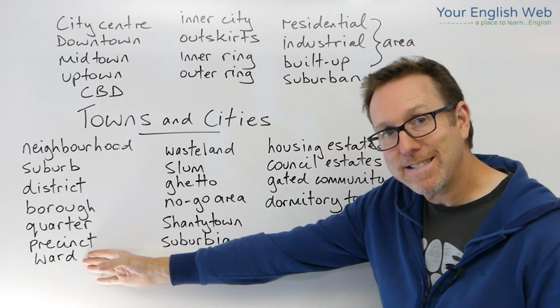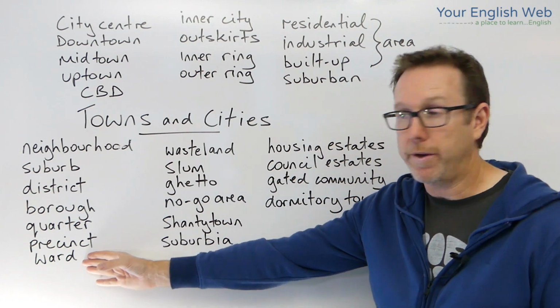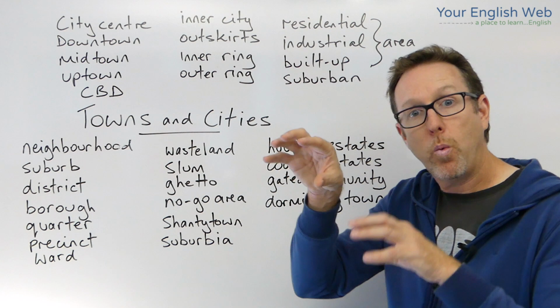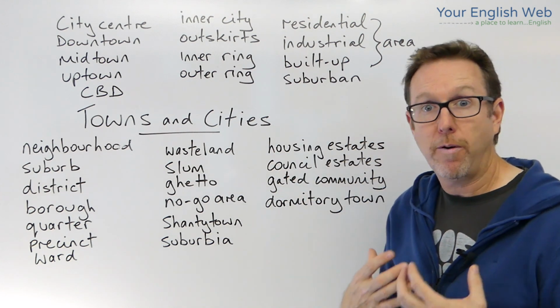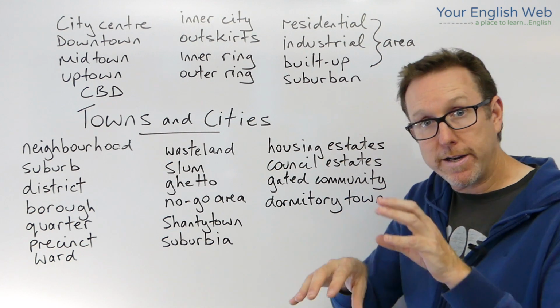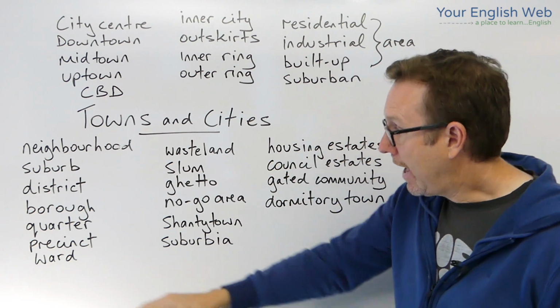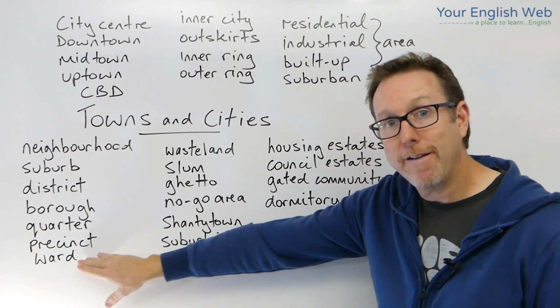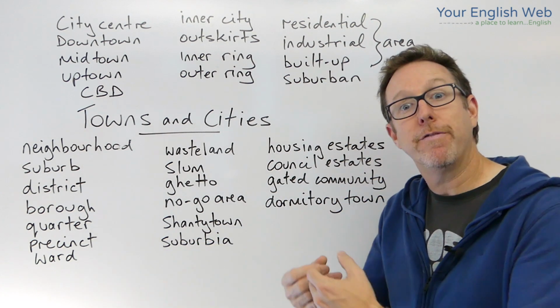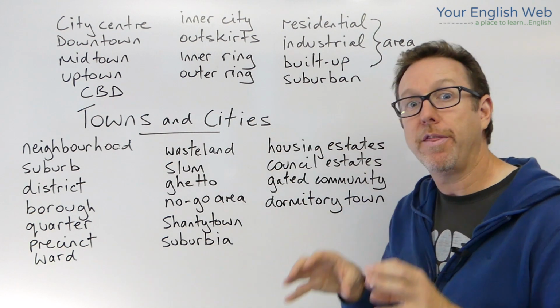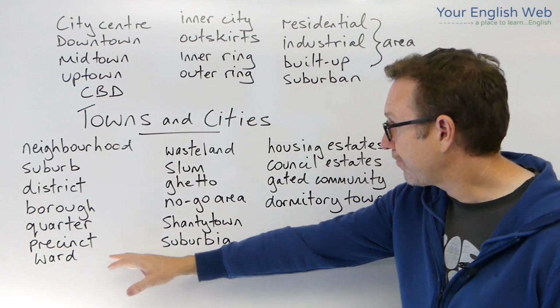And in that sense, it's similar to this word here, ward, okay? Precinct and ward, where cities are divided politically. Again, where I come from, Perth is divided into different areas, and inside those areas we have wards where people politically represent different wards inside that particular city.